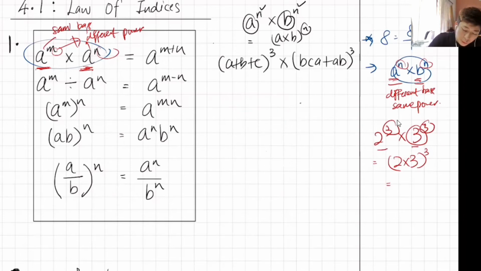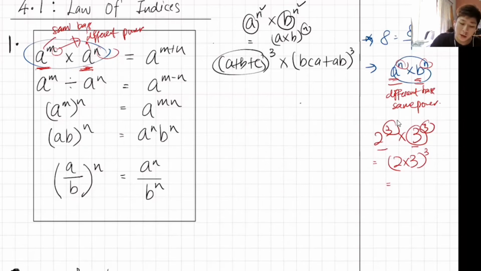So coming back to this, what can I do about them? Yes, of course, because this is something to the power of n times something to the power of the same n. This 3 and 3 are the same, so I just multiply these two things together. When you take these two things, you must take the whole thing. Anything you don't understand, go back to your theorem.